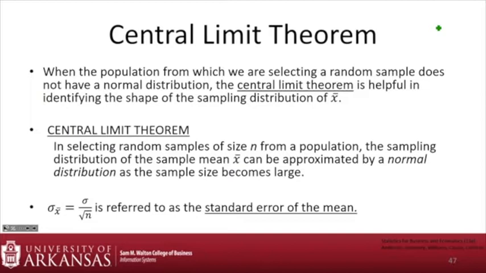And as part of the central limit theorem, we have this thing called the standard error of the mean. Basically what we're doing is we're taking the standard deviation of the population, and then we're factoring how many samples we've taken. And that's going to change what our distribution looks like. The best way I could think to do this was just to show you some examples.